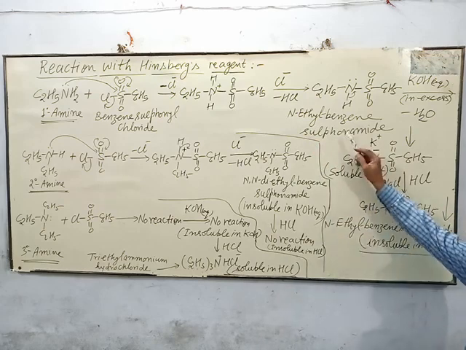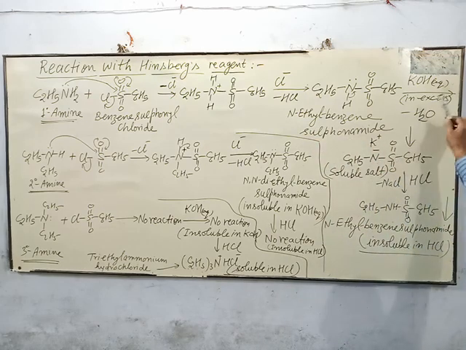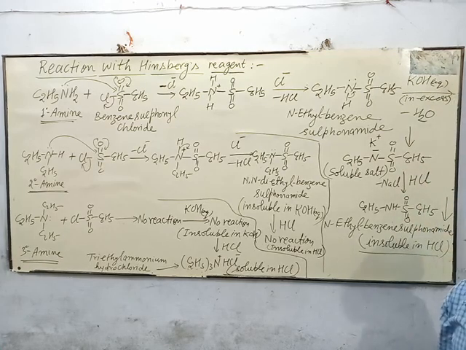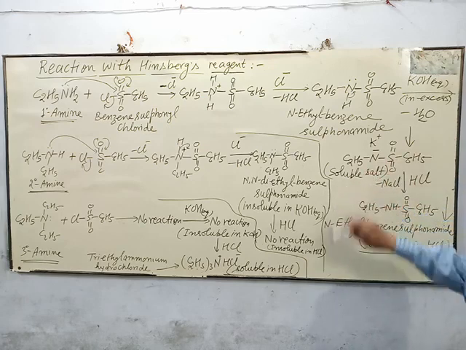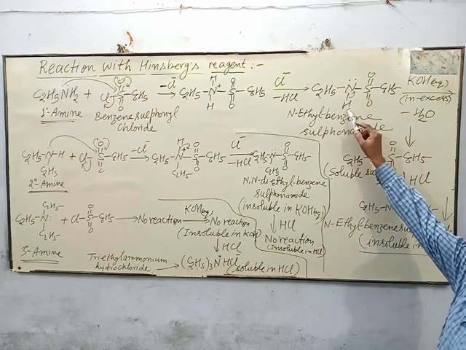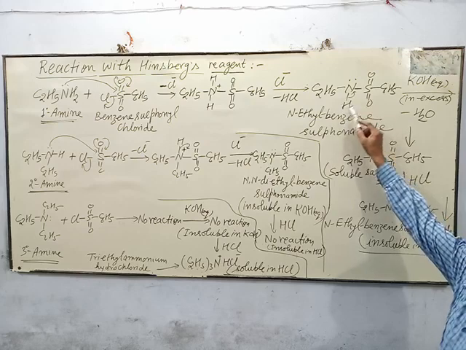Now this substance, when treated with excess of alkali, either aqueous NaOH or aqueous KOH solution, then formation of salt takes place, because in this case a hydrogen atom is present on nitrogen.